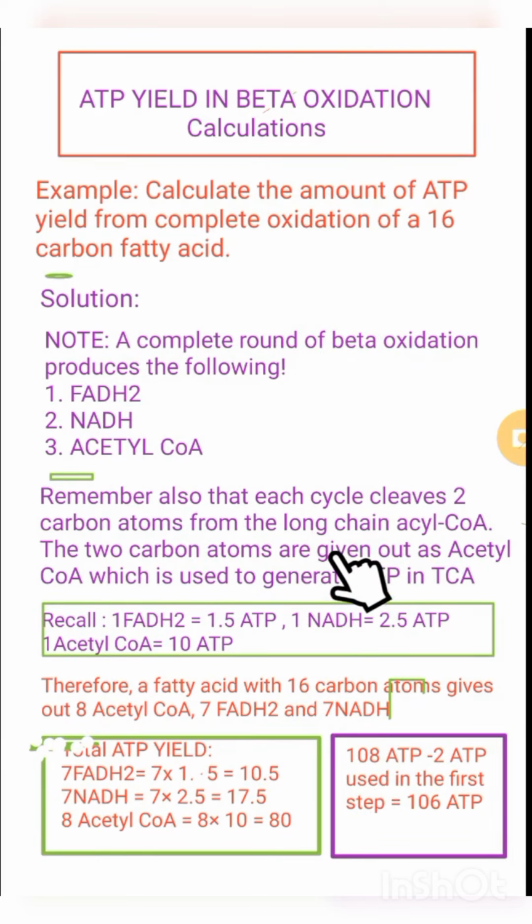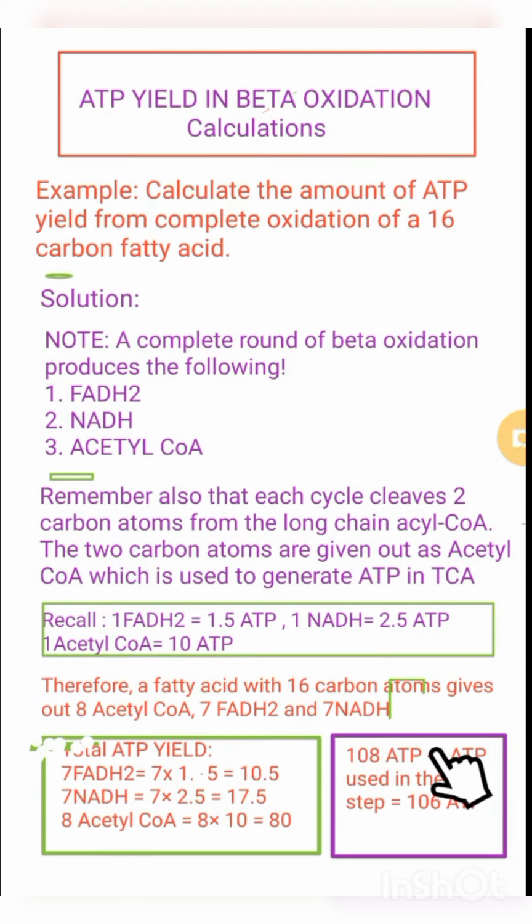But we have to recall that the process of activation from a fatty acid to an acyl-CoA invests 2 ATP molecules. The first step in beta oxidation is the activation, which occurs in the cytosol before the activated fatty acid is transported via the carnitine shuttle into the mitochondria. So remember the 2 ATP molecules that you invested when you were activating the fatty acid at the beginning.